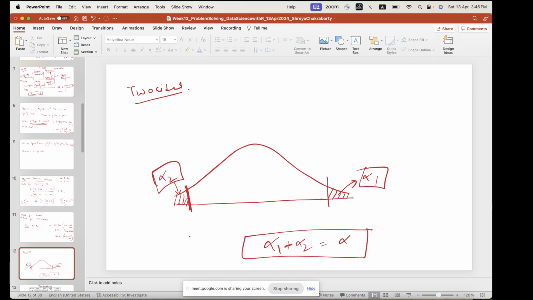Okay, and these cutoff points are actually my critical values, and this region should be my acceptance region.